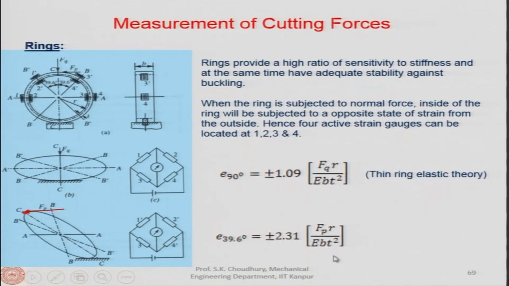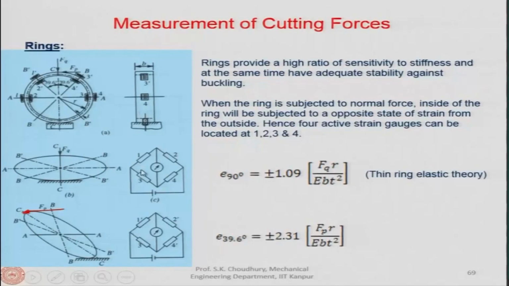Now, using this formula, we can find out the force, because ultimately what we are trying to do is measure the forces. In the case of the dynamometer, we are measuring strain as output, and from that strain we find the value of the forces, either the normal force or the axial force imparted on the ring dynamometer.